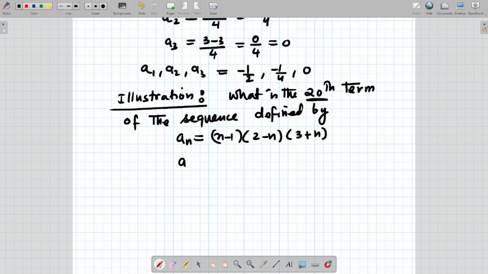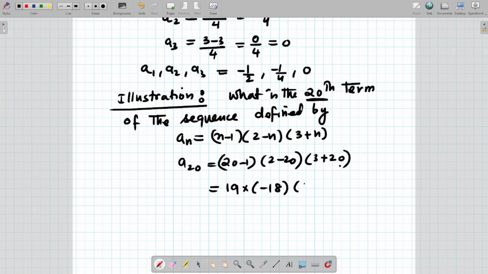So A20 चाहिए तुमको. So 20 minus 1, 2 minus 20 and 3 plus 20, correct? So that will be your answer. 19 multiplied by minus 18 multiplied by 23. Answer is negative 7866.